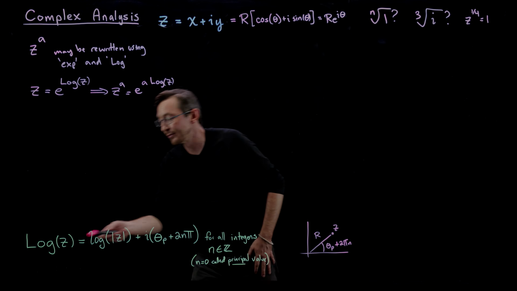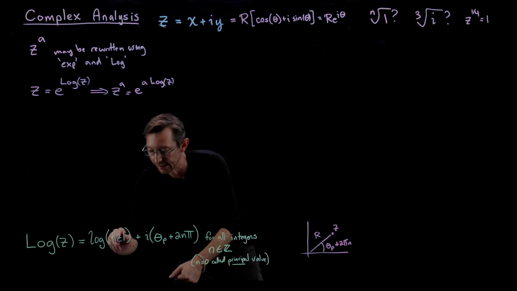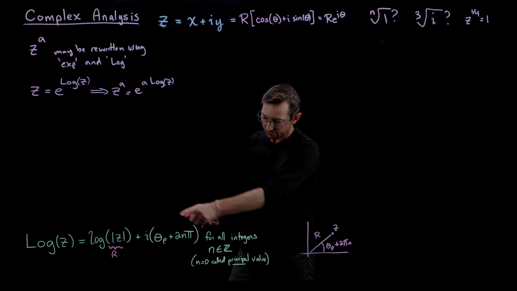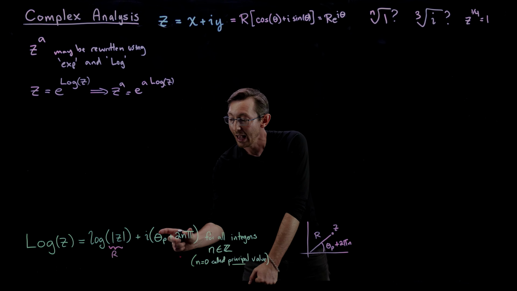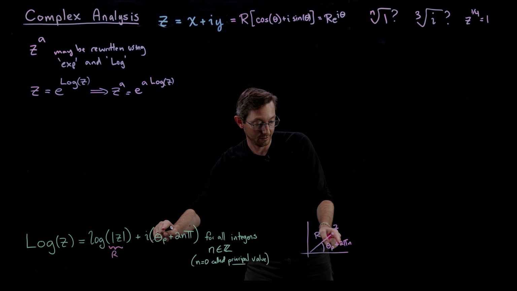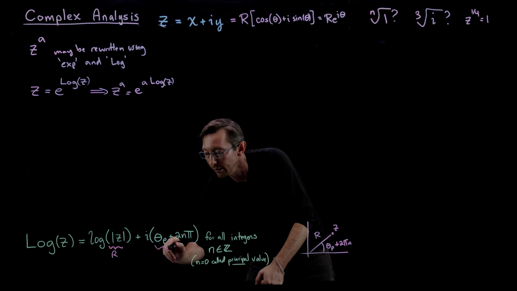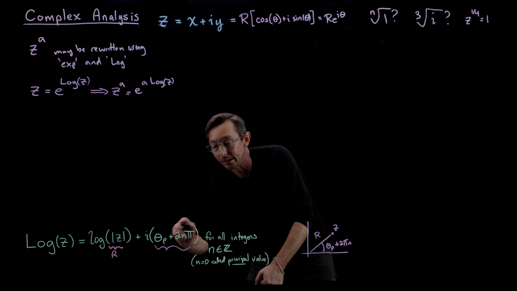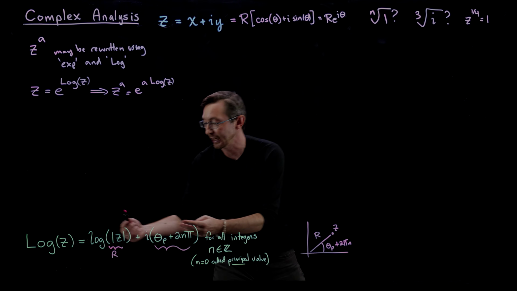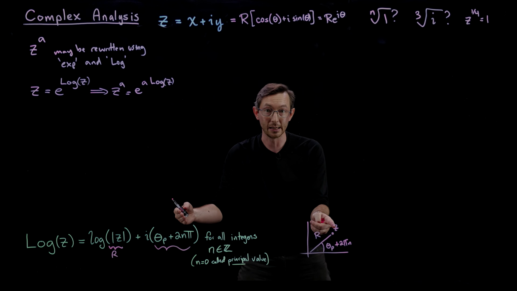Because the logarithm of z is specifically log of the magnitude of z, sometimes we call this the radius, this is just r, plus i times any angle that if I took e to this angle, it would recover z. And now all of these infinitely many angles are all valid, because if I took e to this number for any integer n, I would recover z.